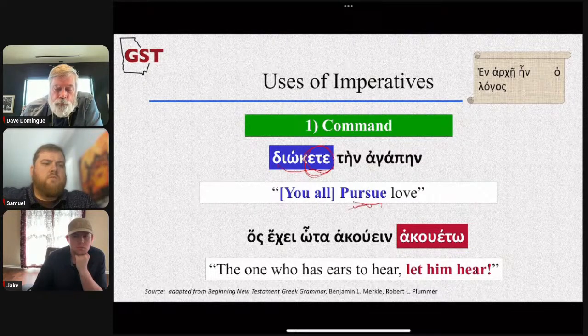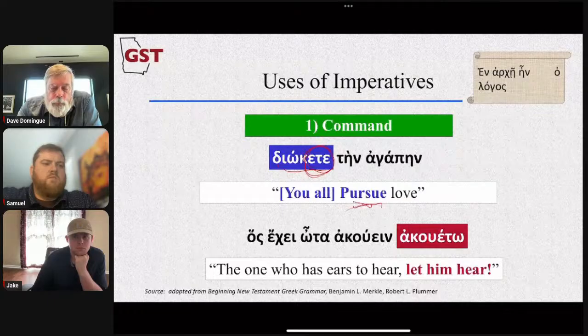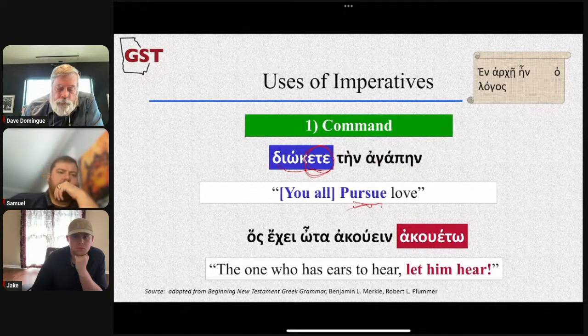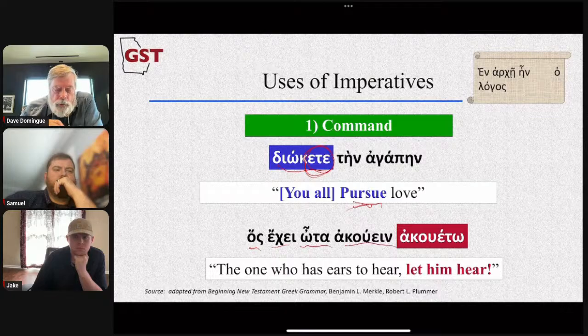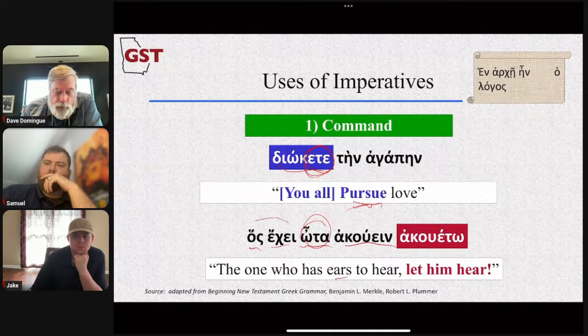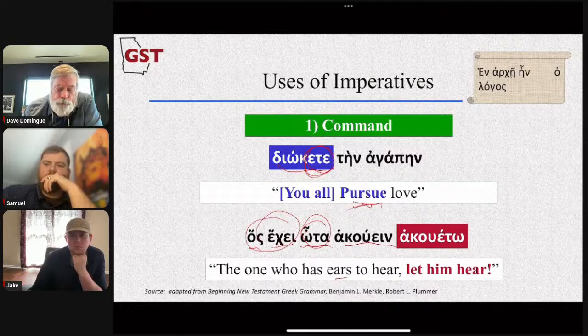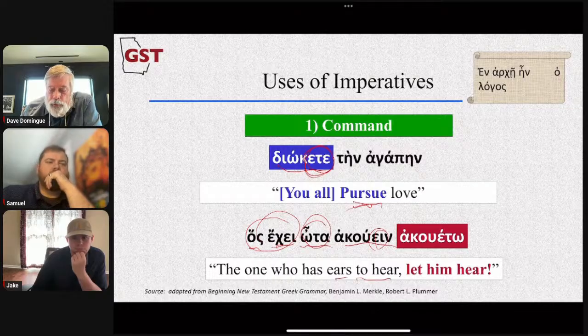Diōkete, to pursue. And then ho echōn ōta akouein, the one who has ears. Here's our ears. The one who has, right? There's our verb echō. The one who has ears, for what purpose? There's our dative form, to hear. Let him hear.